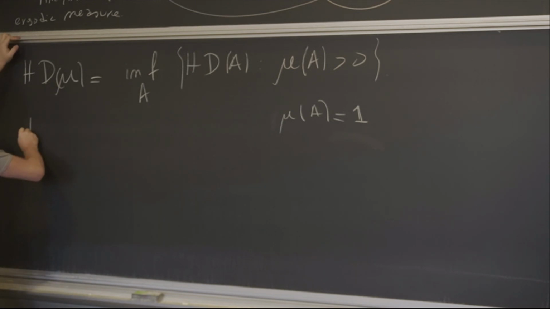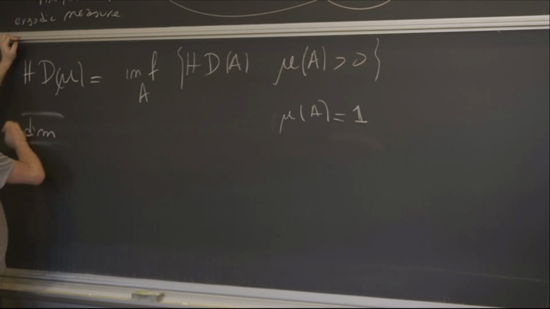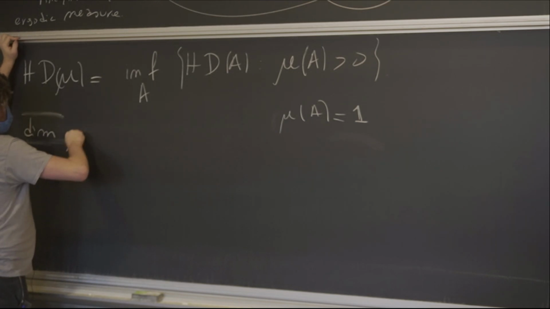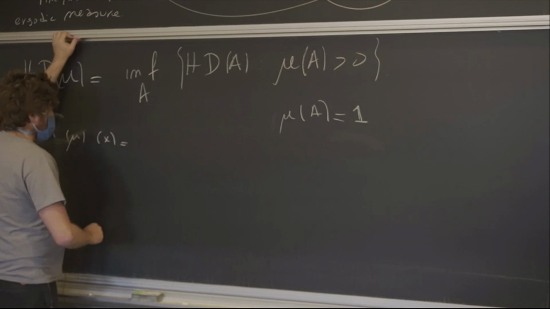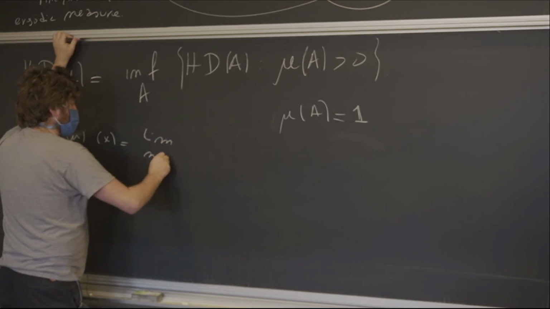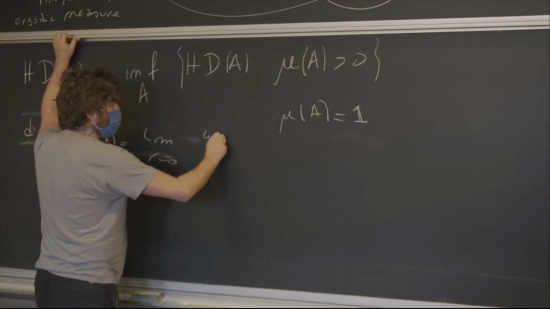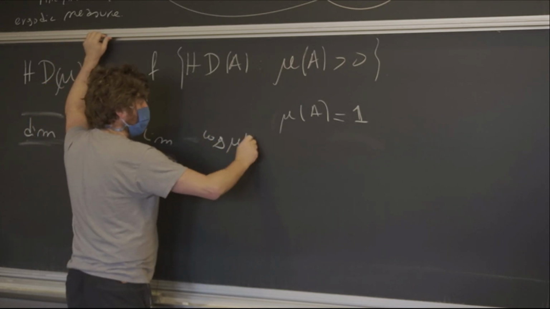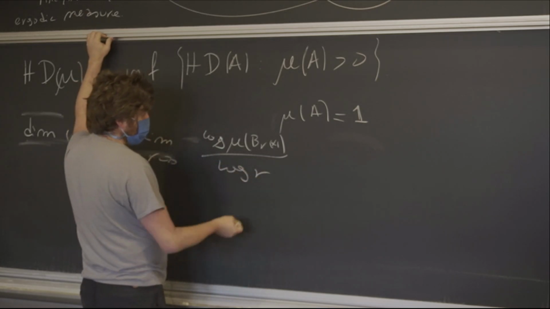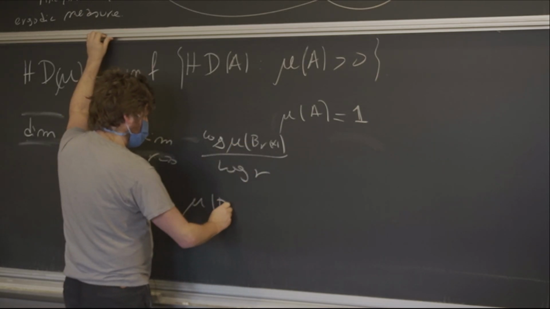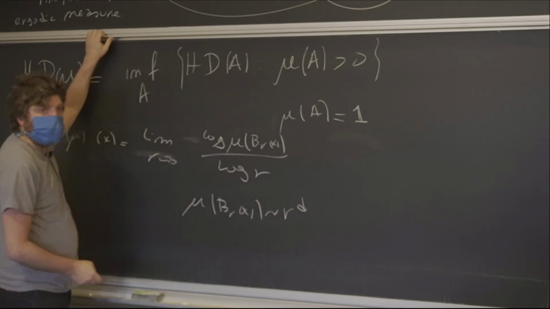And then, as I said, the standard definition, upper, lower, of the measure mu at a point x, because it depends on the point x, is the limit as r goes to 0 of log mu of the ball, with the minus, divided by log r, which is telling us that this is likely r to the d.